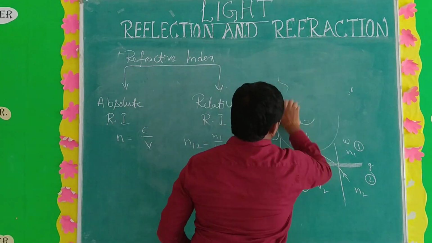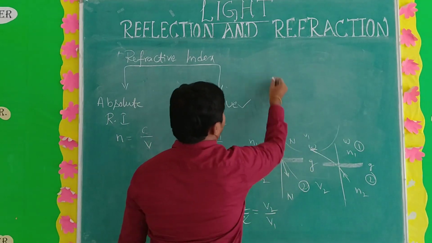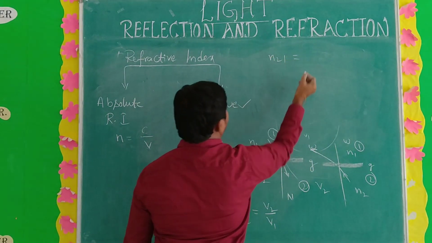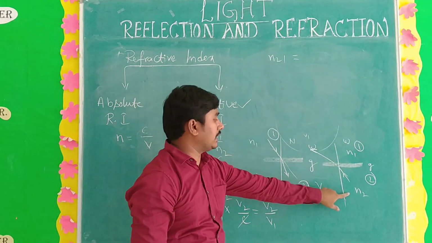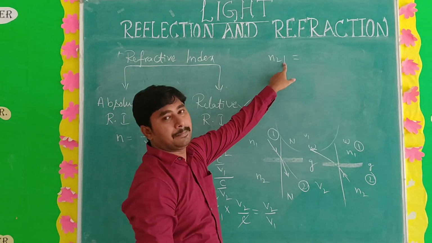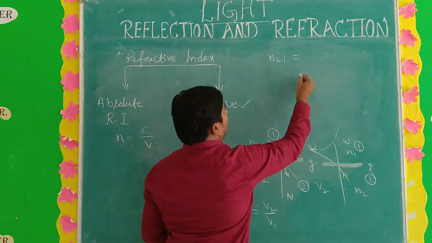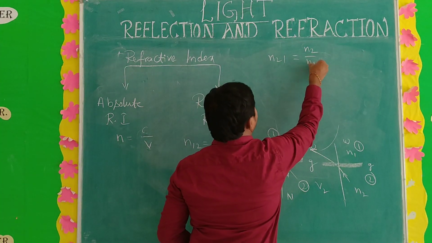Then how do we write it? Second medium to first medium means we write N21. N21 means light travels from the second medium to the first medium. So N21 is equal to N2 by N1.